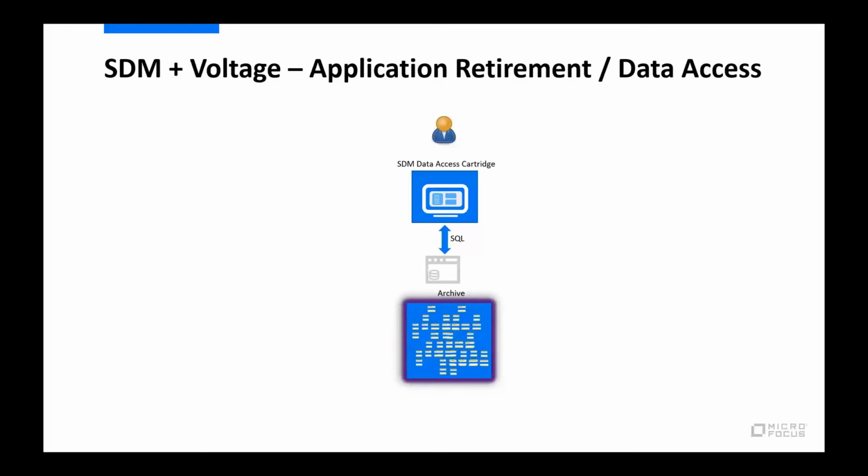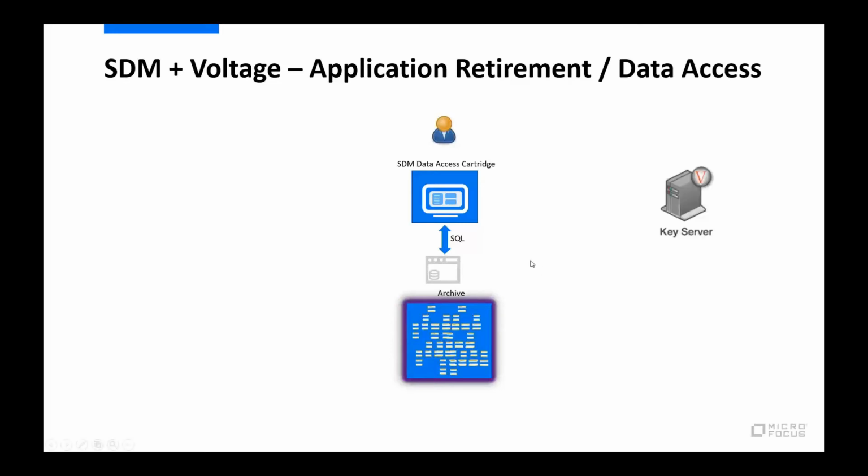So now a user is using a data access cartridge, which issues SQL-based queries against the archive. That on its own, if they did that, what they would see back is encrypted data. So anybody coming along and issuing SQL against this archive, they are going to see the encrypted protected data.